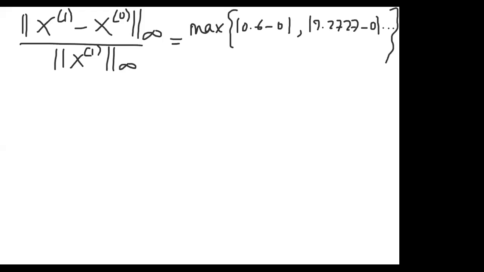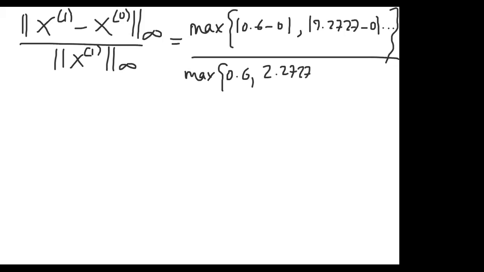I've run out of space here. That's the reason why I'm unable to write those other remaining terms. So you say this divided by x1 infinity. Okay, so the L infinite norm of x1 will just be equal to what? You will just find the maximum of those absolute values: 0.6, comma, 2.2727, and so on.